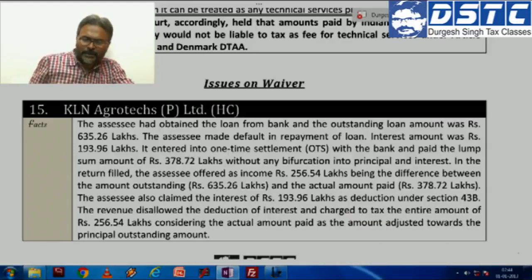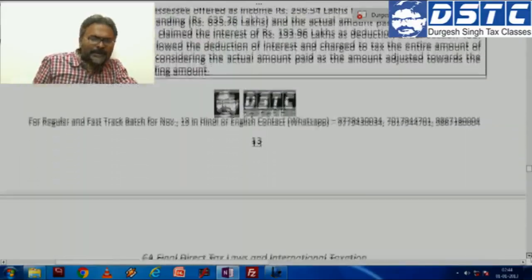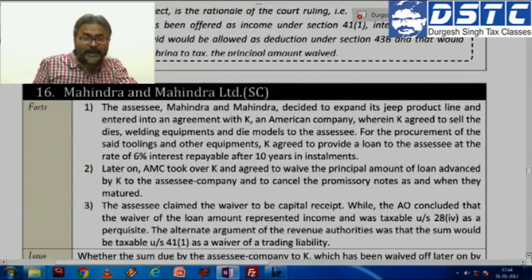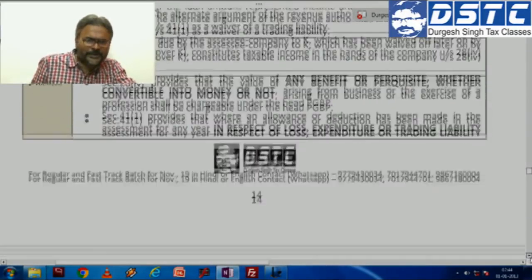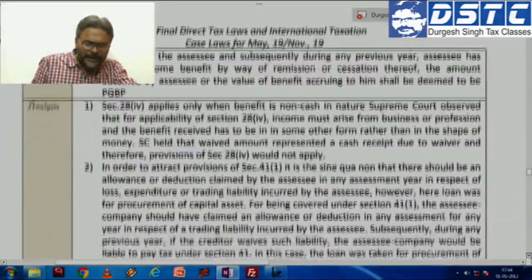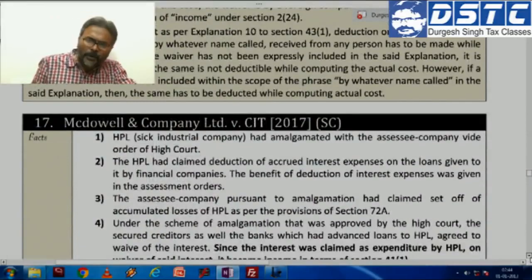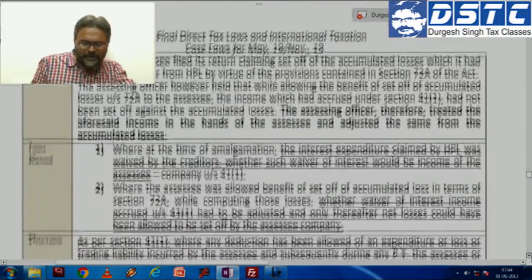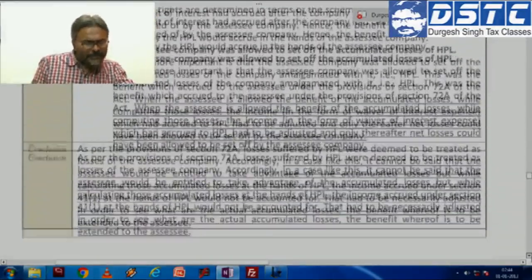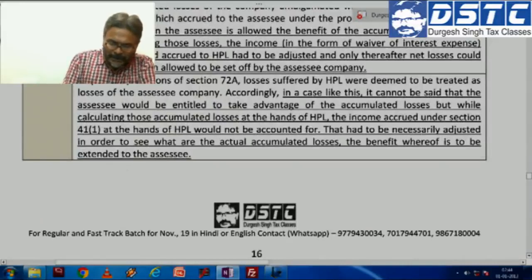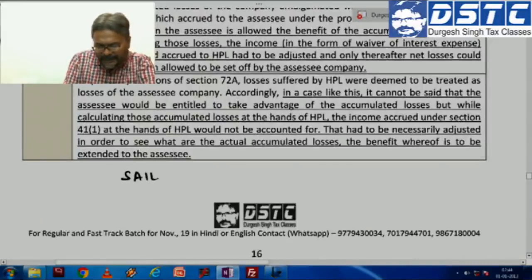There is a case law, KLN Agrotech Private Limited, on waiver. There is another judgment, Mahindra and Mahindra Limited, recently decided in that particular February judgment, again on waiver. There is one more judgment, students, McDowell and Company Limited, on waiver of some loan amount. So these are all the cases of waiver. There is actually one more judgment, students, in the ICI module, which is SAIL Delhi.